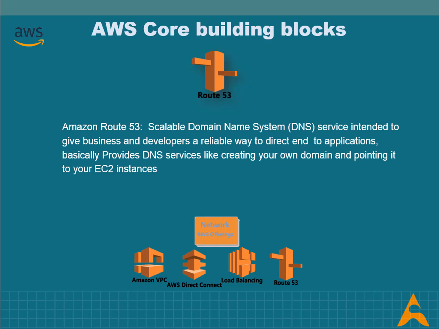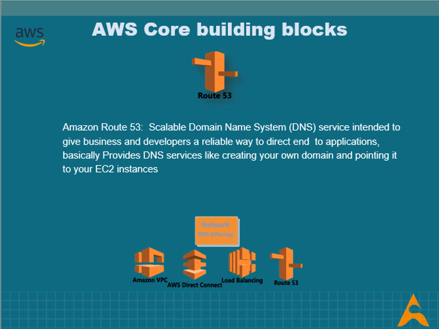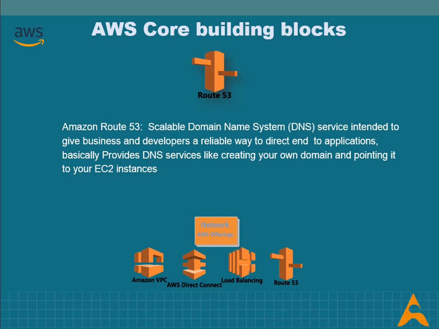Basically, it provides DNS service like creating your own domain and pointing it to your EC2 instances. Route 53 allows developers to manage IP addresses, referred to as records, listed for domain names in the DNS phone book. It answers requests, which are known as queries, to translate domain names into their corresponding IP addresses. We will also talk about Route 53 in detail in our Route 53 session.